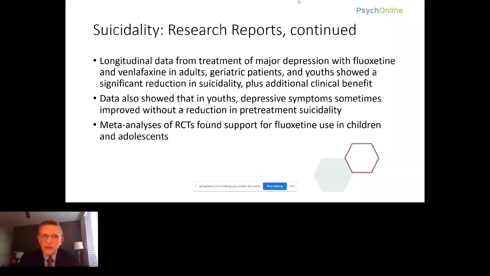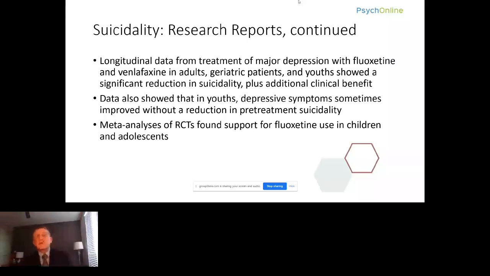Longitudinal data from treatment of major depression with fluoxetine and venlafaxine in adults, geriatric patients, and youths showed a significant reduction in suicidality in addition to other clinical benefit. And data has also shown that in use, depressive symptoms sometimes improve without a reduction in pre-treatment suicidality. We're going to come back to that. Meta-analyses of random clinical trials have found support for fluoxetine use in children and adolescents.